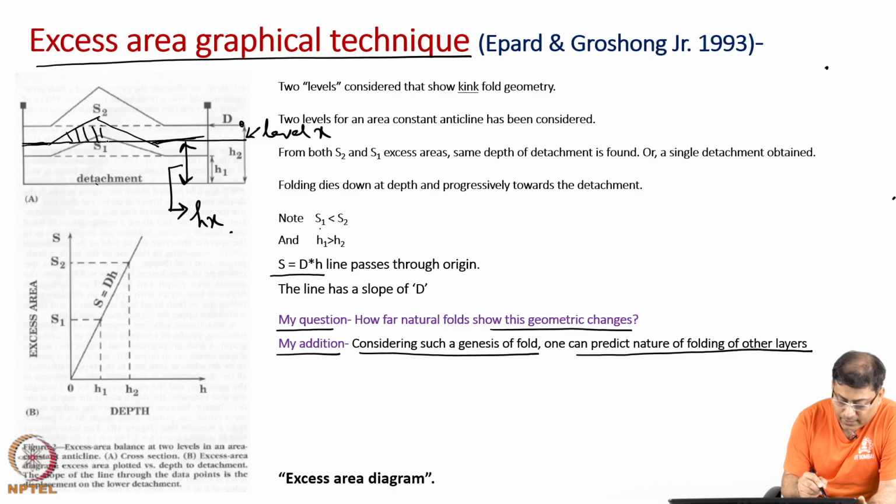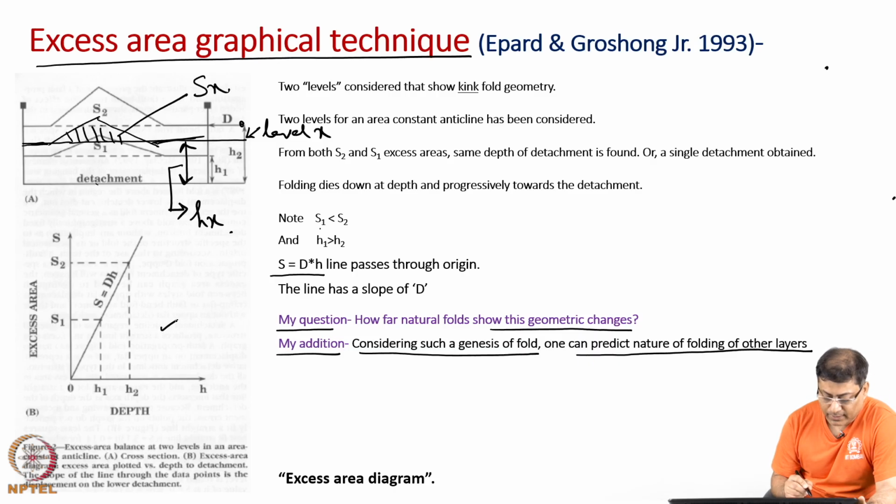So, this area can be represented by Sx. Using this graphical technique, we will be able to demonstrate at depth, that means from this point and downward, for this level x what should be the geometry of the fold.